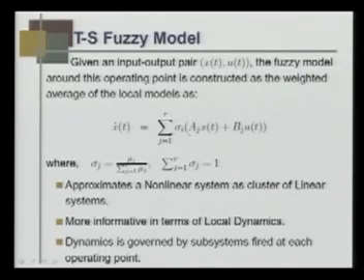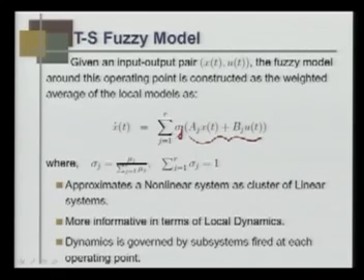So, this is my local model, jth local model, and with the jth local model the associated membership function is mu j, sigma j.